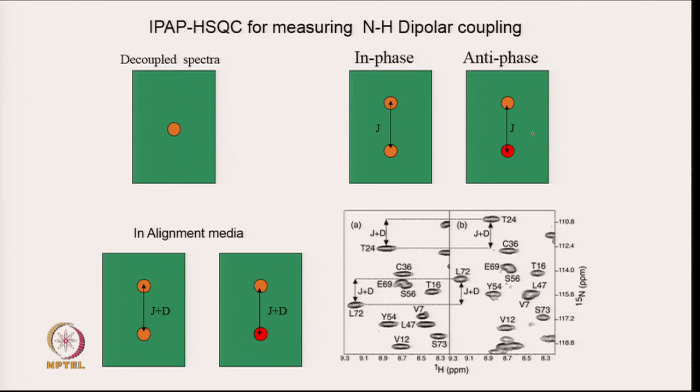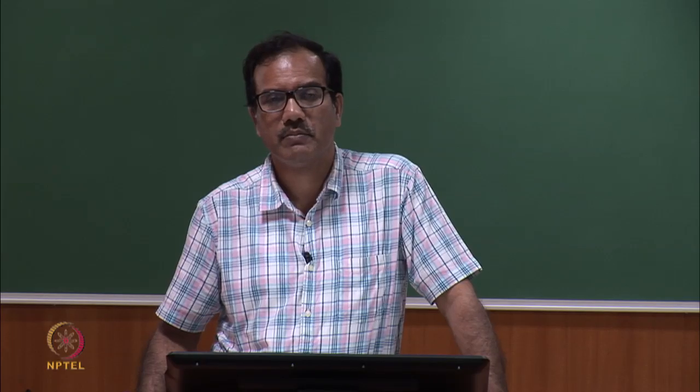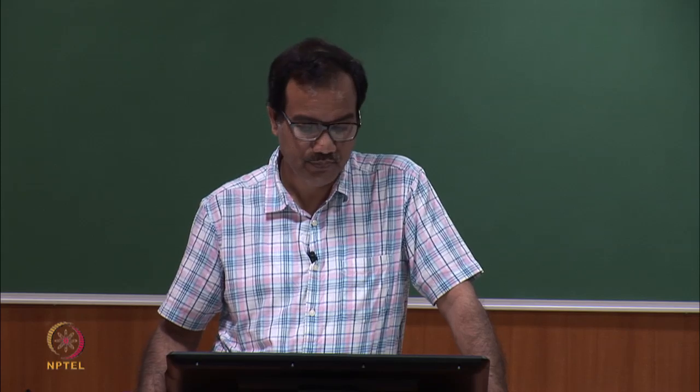This is your J value, and if you take a coupled spectrum in alignment medium, your difference will be equal to J plus D. So, once you take the spectrum in the absence of alignment medium, you get the value of J. In the alignment medium, you get the value of J plus D. So, you can know what the dipolar coupling value is, and that is how you can get another constraint which can be used to get a much better quality structure.